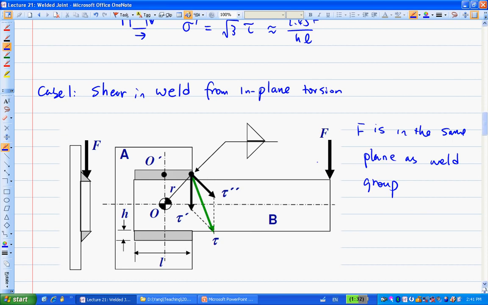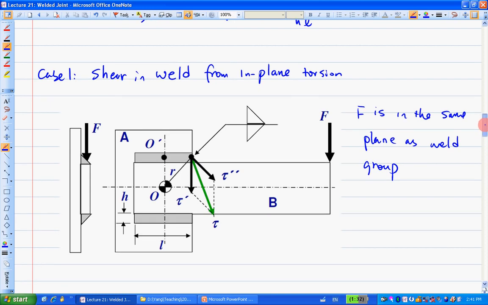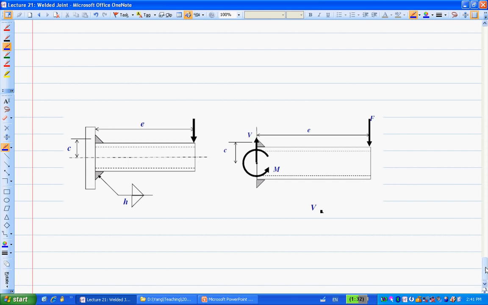Is that okay? Because next I'll give you another one called out-of-plane. So why is this out-of-plane? Now your weld group is here. Here's a weld group.